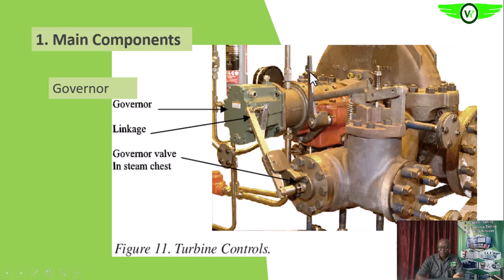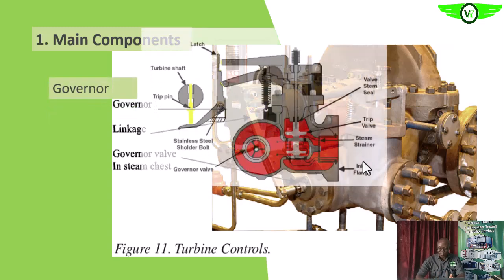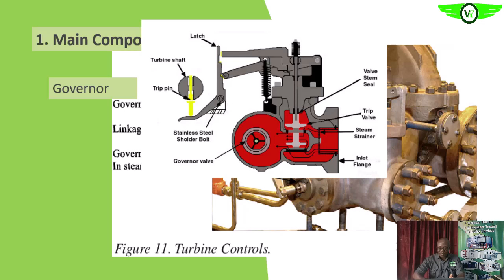As it pushes on this lever, the latch will push backward and free this lever, and that will cause the valve to do what? To drop. When the valve drops, it will close the steam. That is the valve. This disc will drop to shut the valve. That will stop the inflow of steam, and that will help to shut down the turbine.